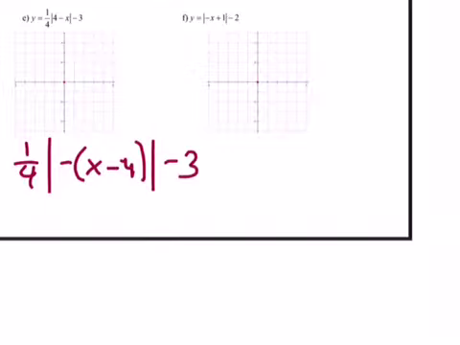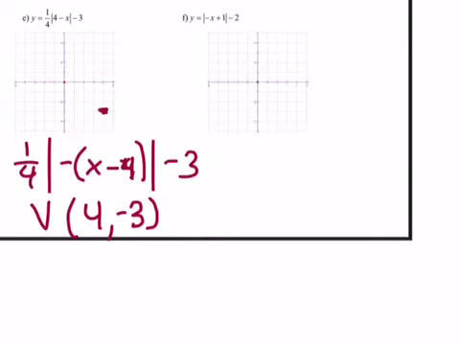Either way, if I plug in 4, I get 0 inside. So my h value is still 4 because it's minus 4. And my k value is minus 3. So I've got 4, negative 3, 1, 2, 3, 4, 1, 2, 3.